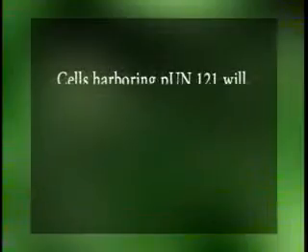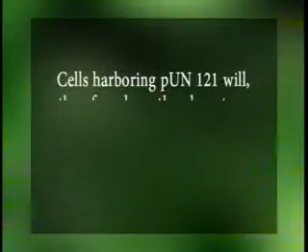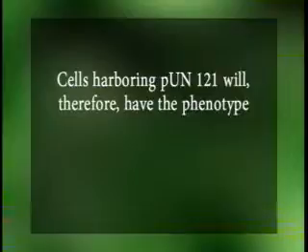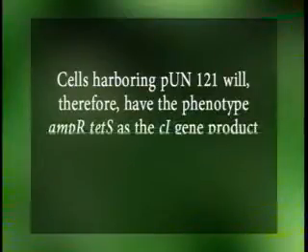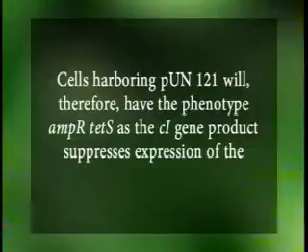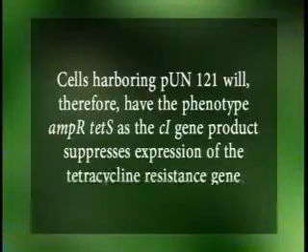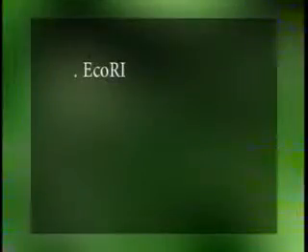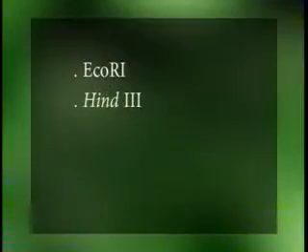Cells harboring pUN121 will therefore have the phenotype ampicillin-resistant, tetracycline-sensitive, as the cI gene product suppresses expression of the tetracycline resistance gene. The cI gene contains unique sites for the restriction enzymes EcoRI, HindIII, BclI, and SmaI.